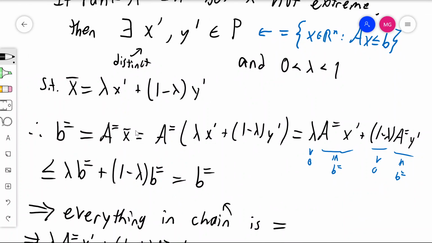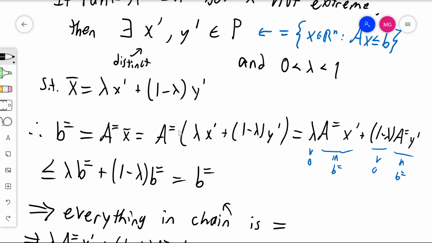So what does that give us then? Well, B equality, we know that equals A equality times x bar. That's just by definition of what A equality and B equality are. These are the matrix and right-hand side of tight constraints for this point x bar. And now we just replace x bar with what we're claiming we can write it as, because we're assuming that x bar is not extreme.